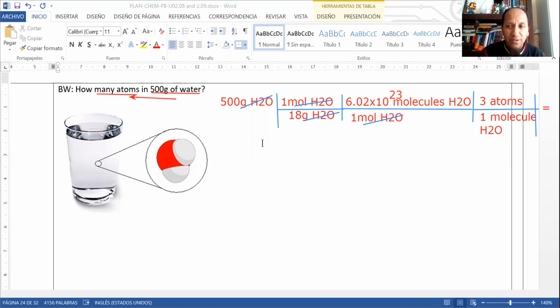It's going to give you specifically 5.017, I am using 3 decimals, times 10 to the 25 atoms. Since it's not specifying which atoms, hydrogen or oxygen, that's why I put 3. In total, it's just atoms, and that would make it.